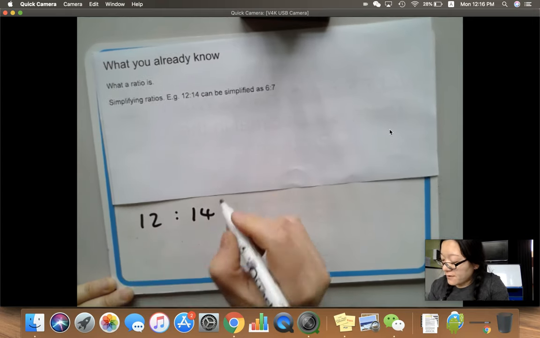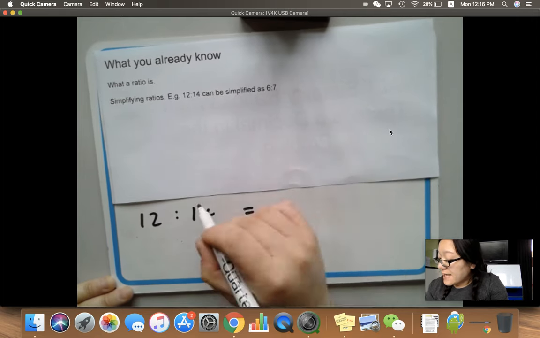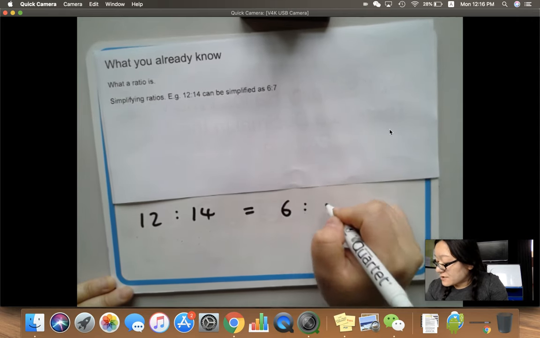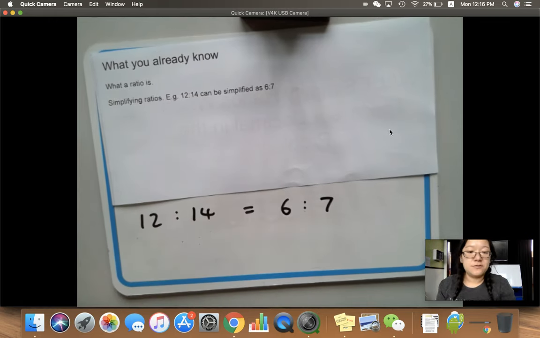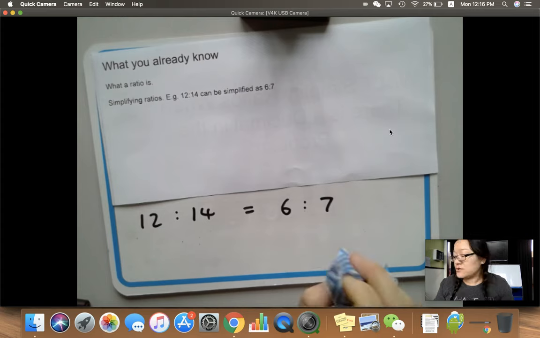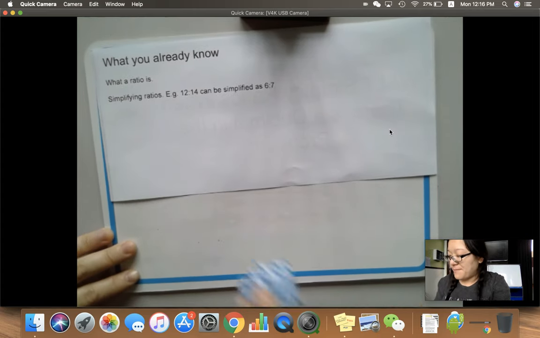So 12 to 14 is the same as 6 to 7. You divided that by 2 to make 6 and that by 2 to make 7. So you know basically how to simplify a ratio like that when it involves whole numbers. Now we're going to try them with decimal numbers.